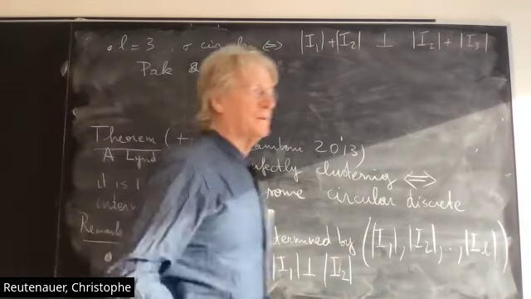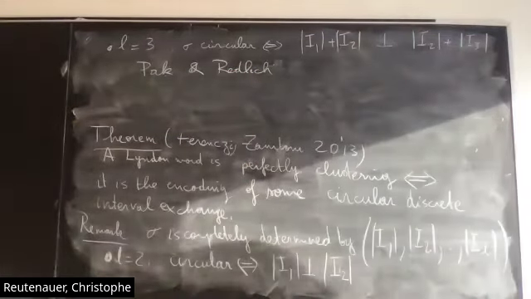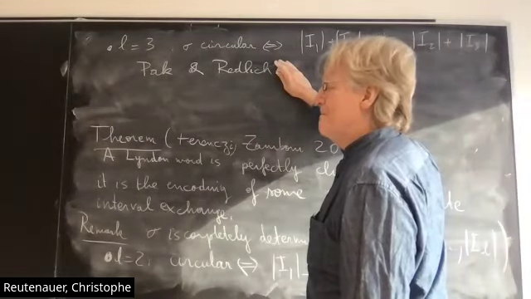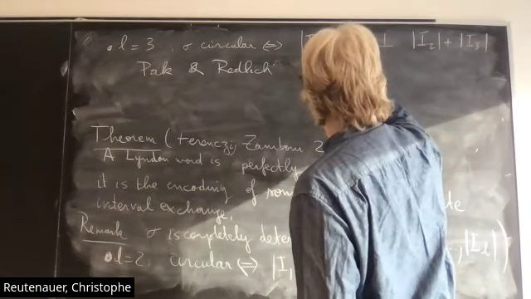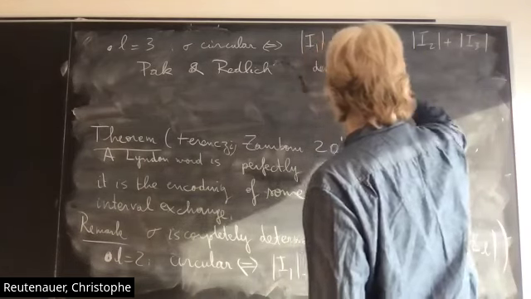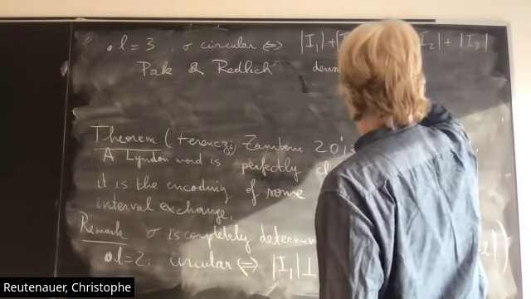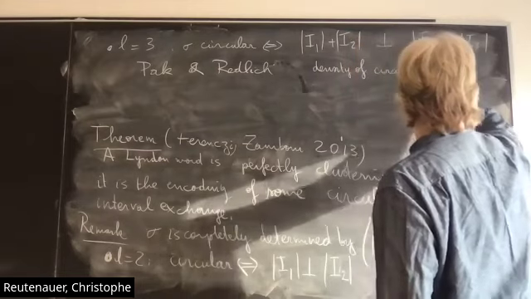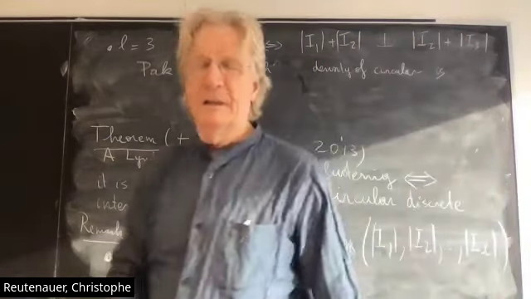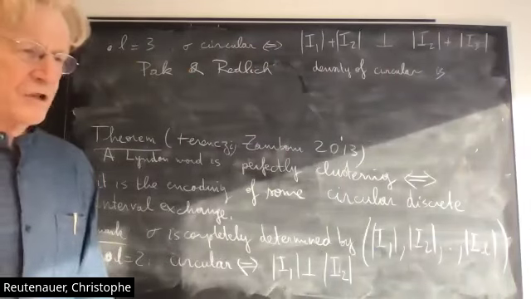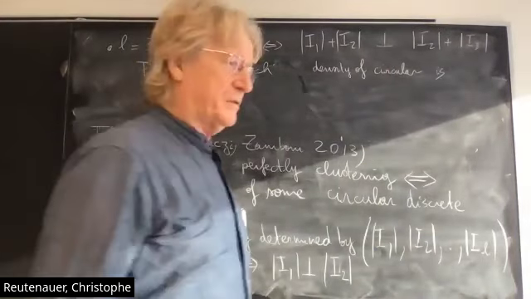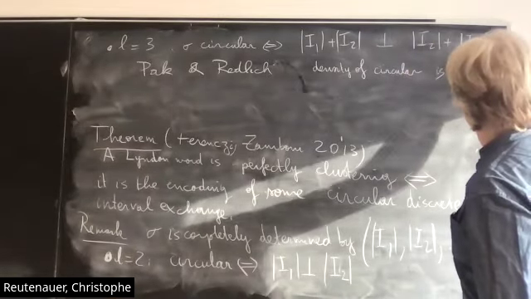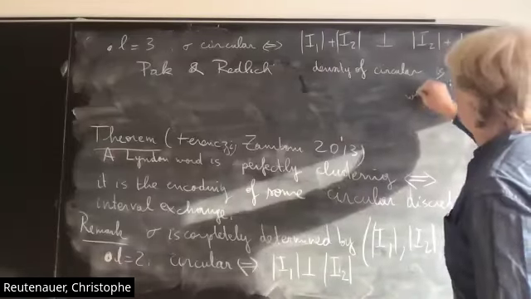And they proved also a very nice result that the density of circular discrete interval exchanges among all discrete interval exchanges is 6 over pi squared when n tends to infinity.